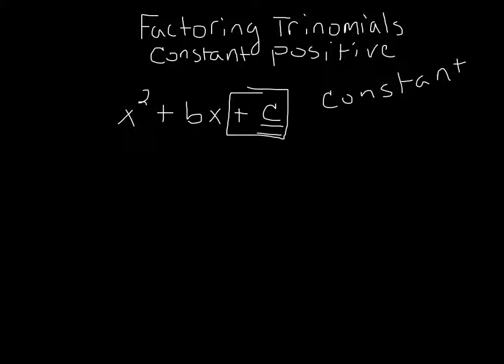So in order to have a constant that's positive, one of two things can happen. The two numbers that multiply to make it can either be both positive or both negative. Let's take an example because this might get confusing if I keep just explaining. What if I had x plus 3 and x plus 2?